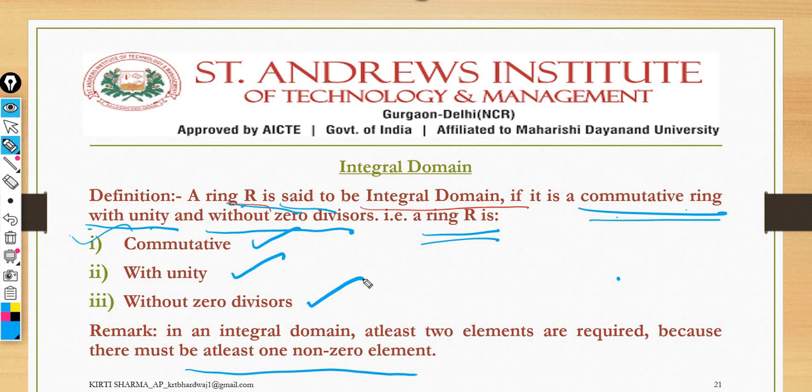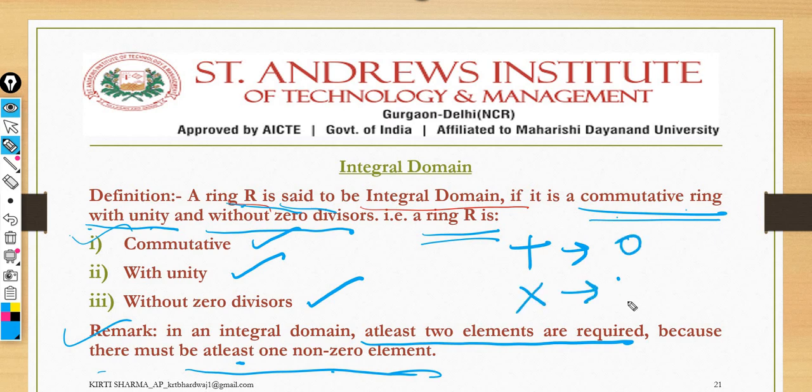Okay. Now in an integral domain, that's a remark here, at least two elements are required because there must be at least one non-zero element. What does it mean? In case of addition, what is the identity element? 0. In case of multiplication, 1.